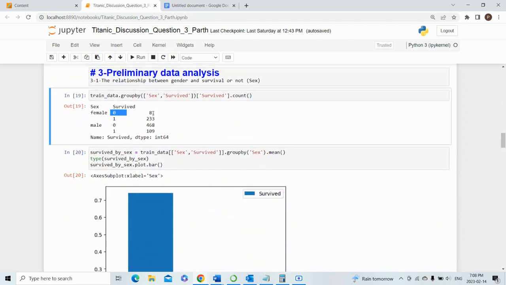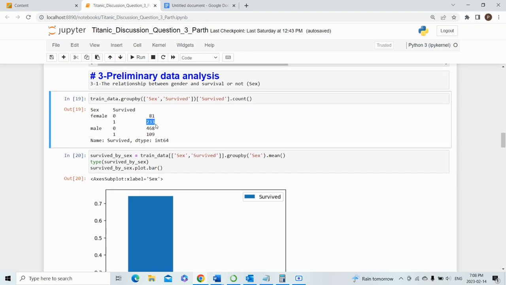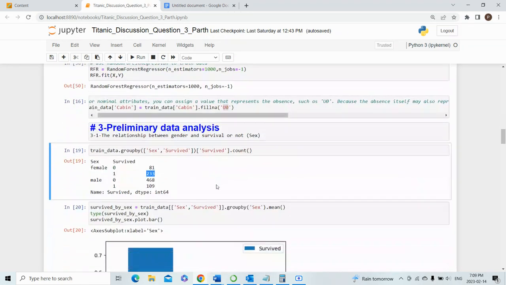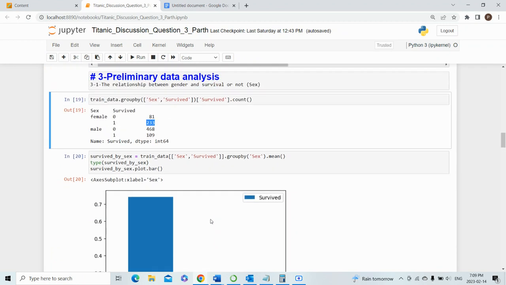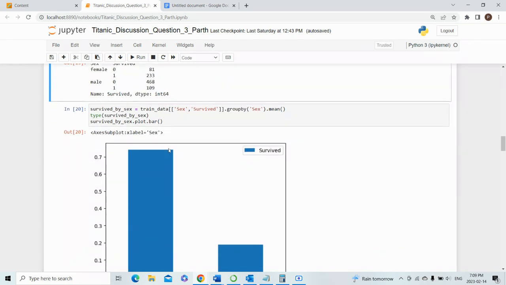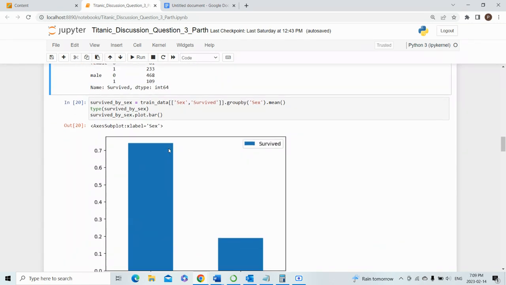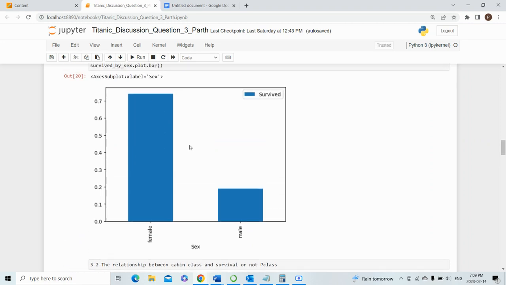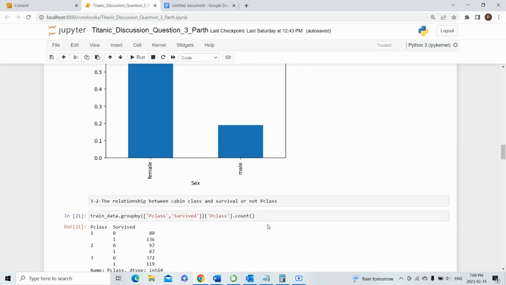In females, 81 people did not survive and 233 people survived. In the males, 468 people did not survive and 109 people survived. So this is one of the predictive values, where we can clearly see that more females survived than males.